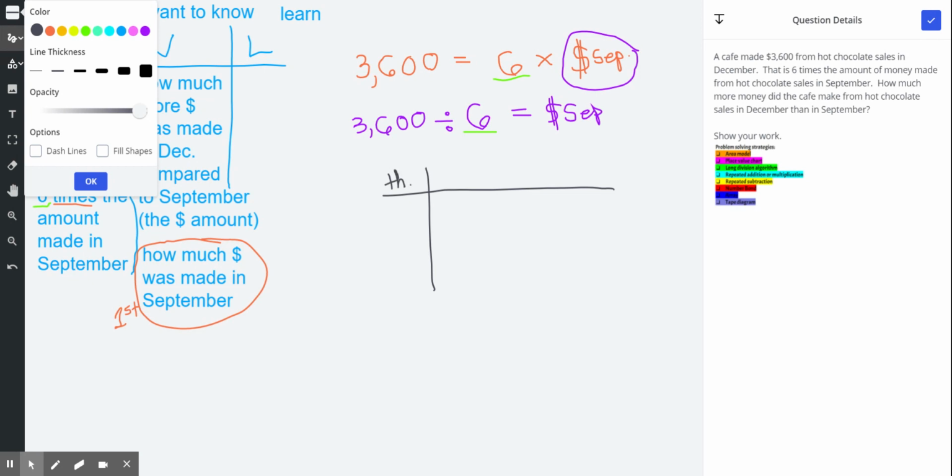Then we've got our hundreds, which I'm going to abbreviate as HUN. And then we've got our tens placed next, followed by our ones.